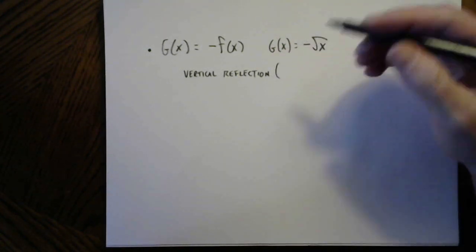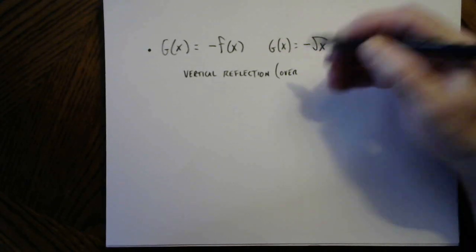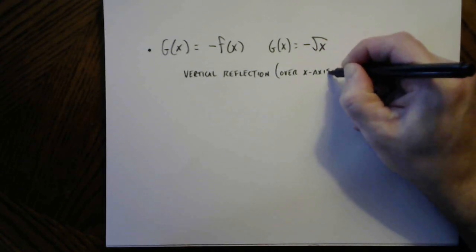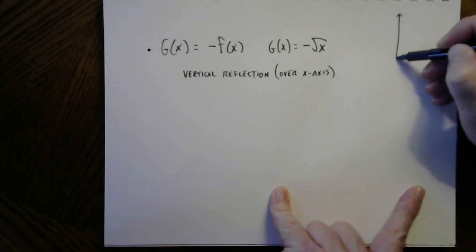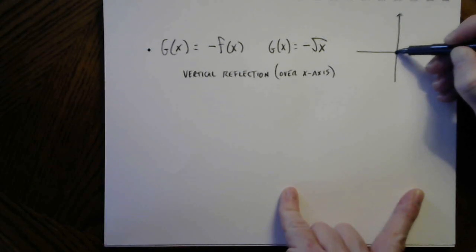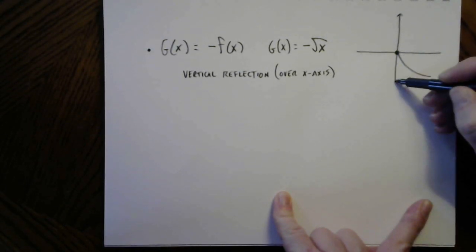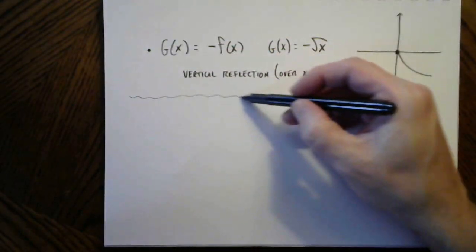In other words, we're reflecting over the x-axis. So if I reflect the square root function over the x-axis, again with the origin as the anchor point, it'll look like this. Okay, so those are the first 3.